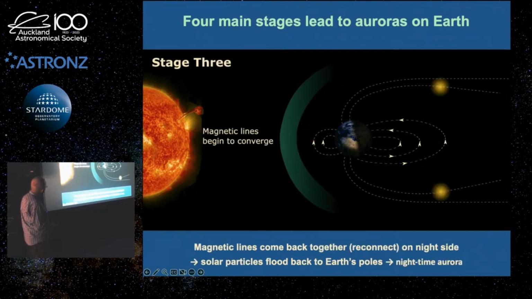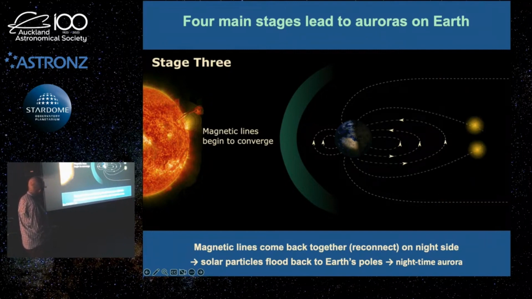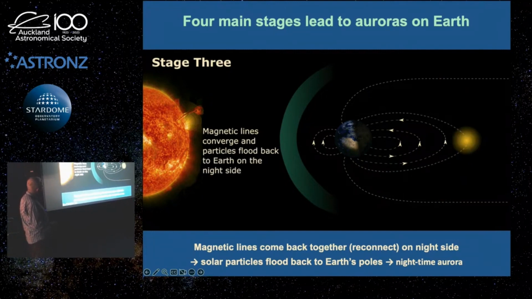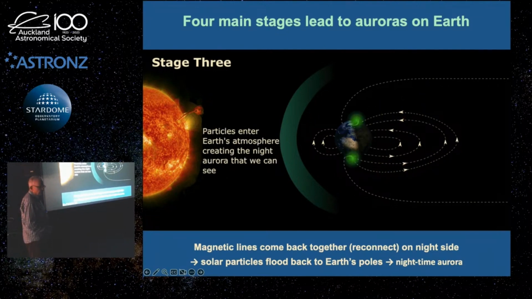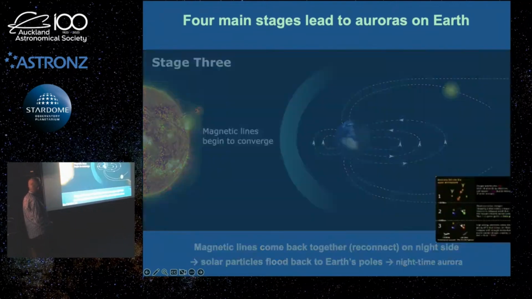So that's stage 2, and then stage 3 is these magnetic field lines. They sense one another. They want to reconnect: magnetic reconnection. They hook up, and these charged particles have got nowhere else to go but follow the magnetic field lines towards the poles, and you get your nighttime aurora. So those are the stages, essentially what happens to the magnetic field lines to create the daytime and the nighttime aurora.